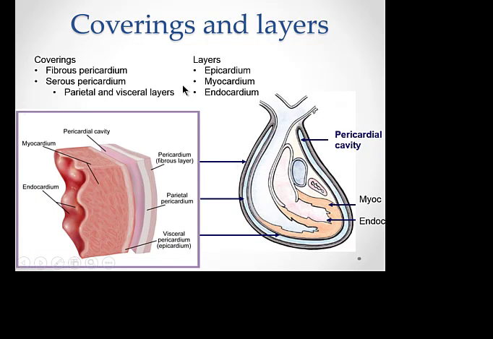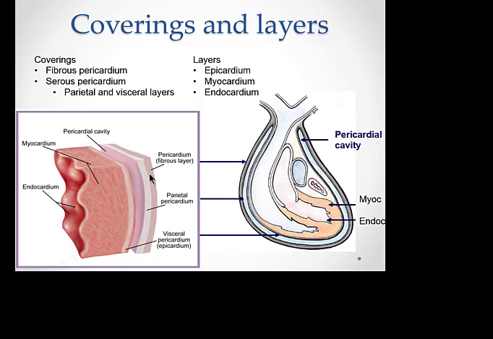So now let's look at the various layers of the heart. First let's look at a transverse section of the heart, and then we can see how we will place it here. If we go from outside to inside, if I take a cut section through the whole heart, this is the outermost layer and this is the innermost layer. On the outermost layer we have the fibrous pericardium, which I just showed you in that previous diagram.